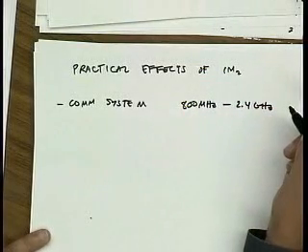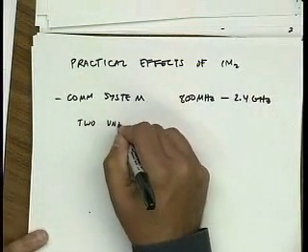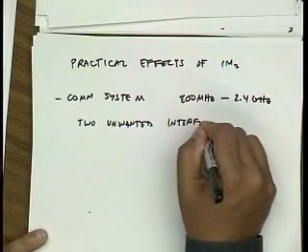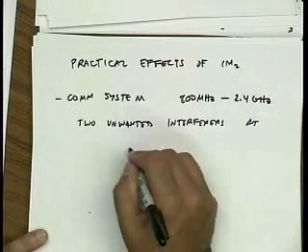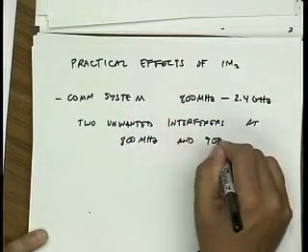Okay? And let's say we have two unwanted interferers at 800 megahertz and 900 megahertz.